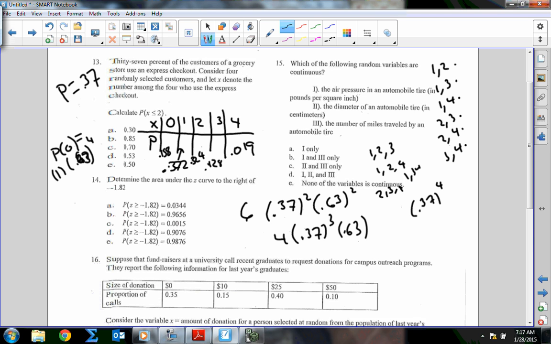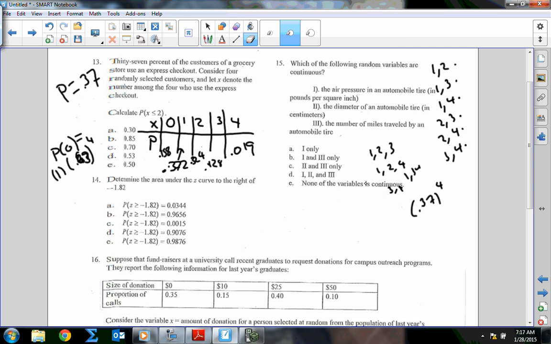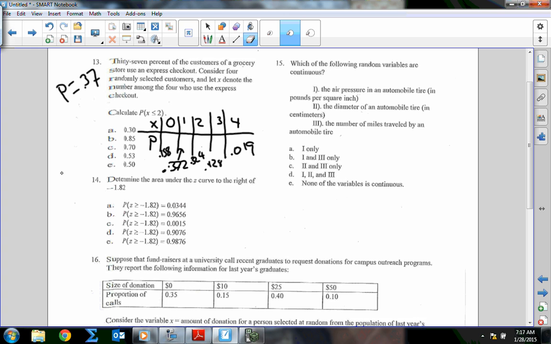So again, this question didn't have to take you this long to do, but it's helpful for me to make sure my answer makes sense, and I'm not just trusting that I typed something in right on my calculator. So let's answer the question now. The probability x is less than or equal to 2. So that's this one, and this one added together.